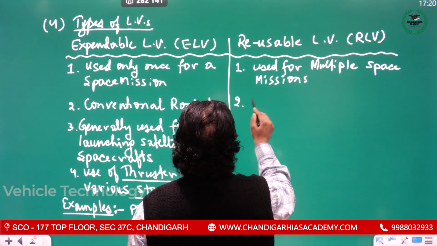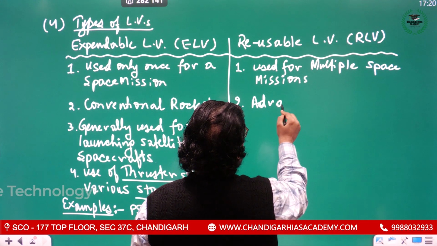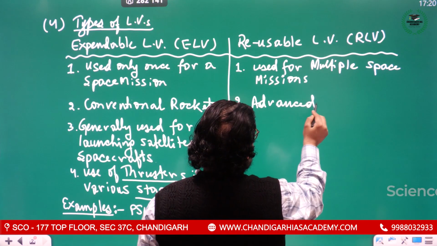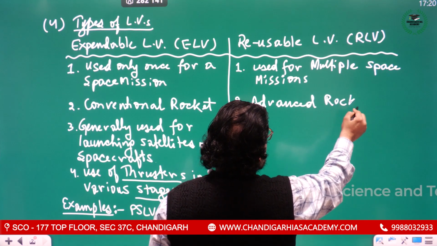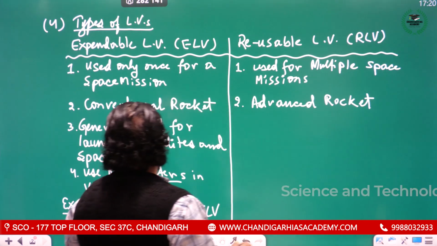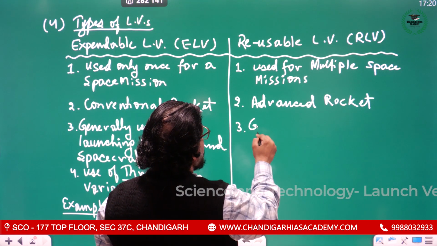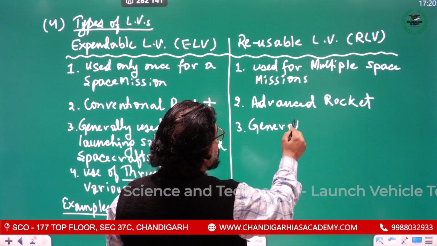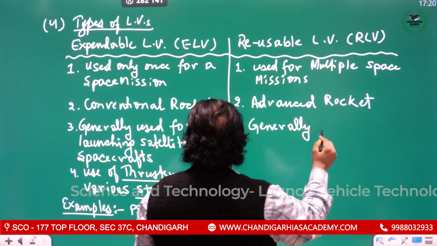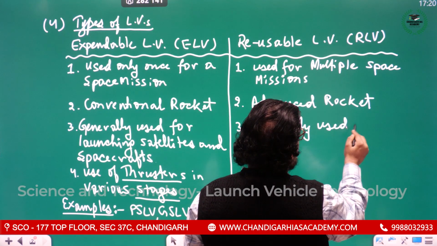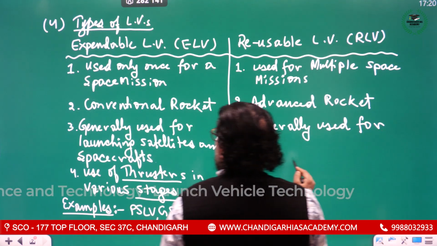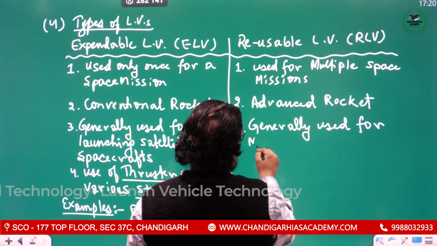Now, they are advanced rockets. Compared to ELV, they are advanced space rockets, right? And where do we generally use such rockets? Generally for human space flight, manned missions.